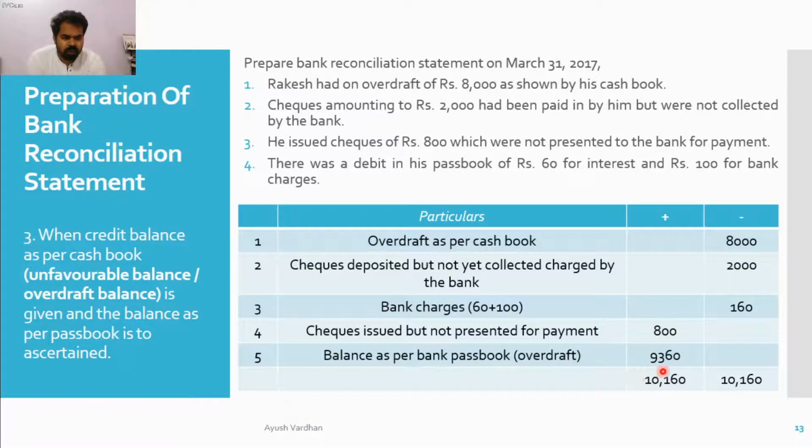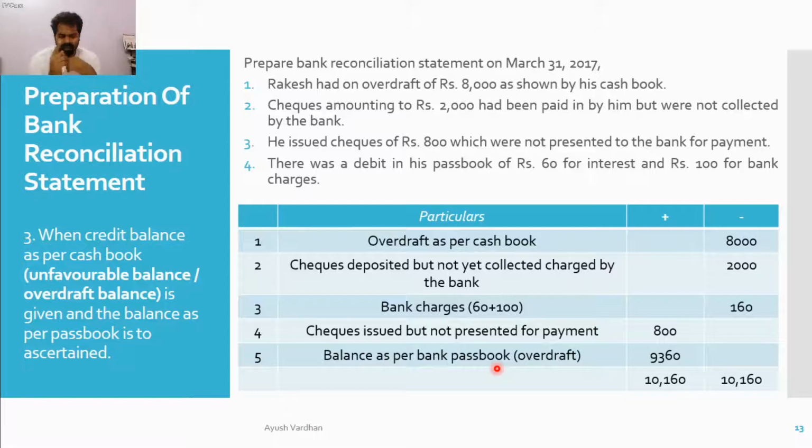So we put the same 10,160 rupees here, and we reduce the 800 rupees here. So what we see is that the balance as per bank passbook should be 9,360 rupees of overdraft.